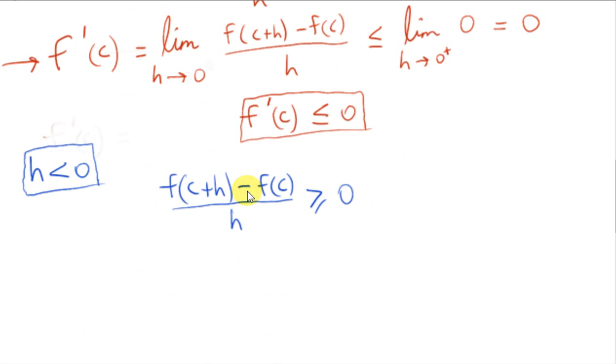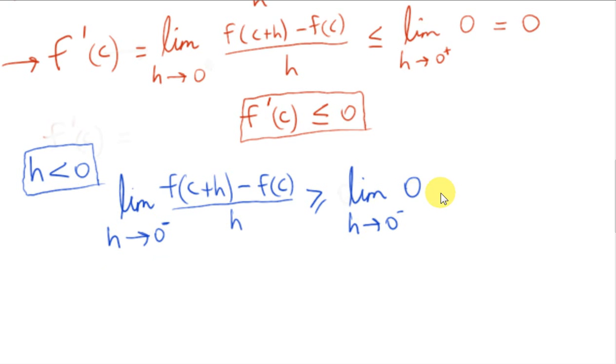Now let's take the limit as h goes to 0 of the left hand side. Now since h is negative, h is approaching 0 from the left. It's some negative number and it's moving to the right towards 0. By the limit inequality theorem, on the right hand side we have the limit as h tends towards 0 from the left of 0.